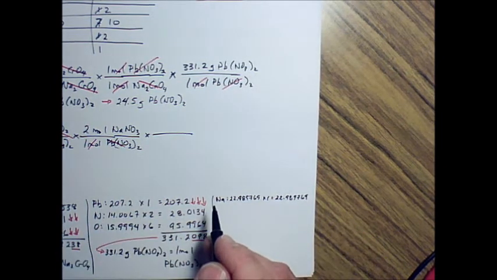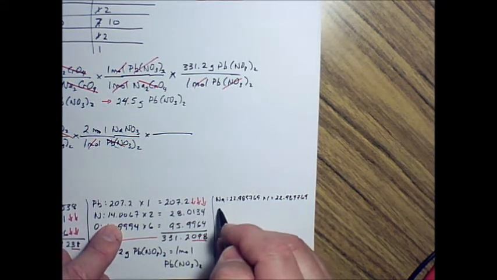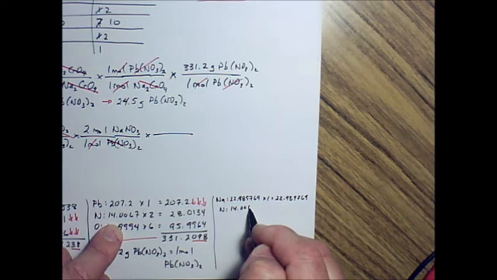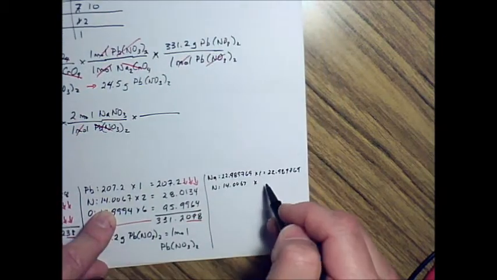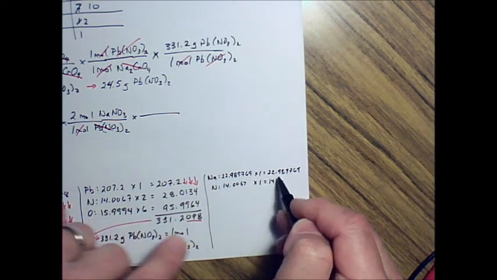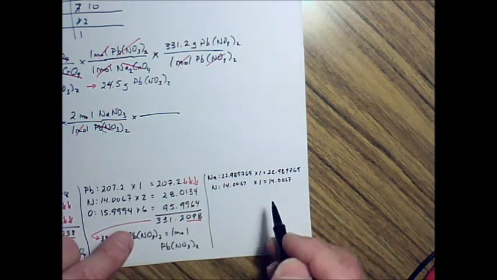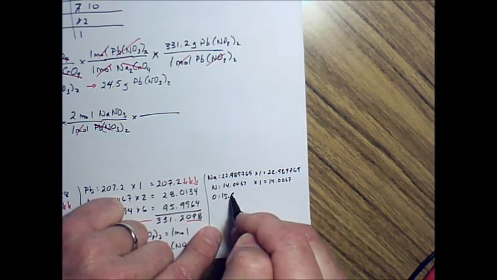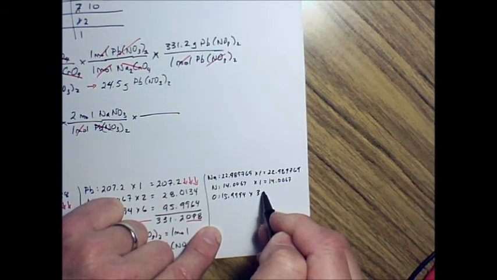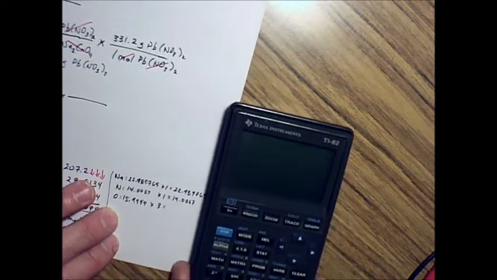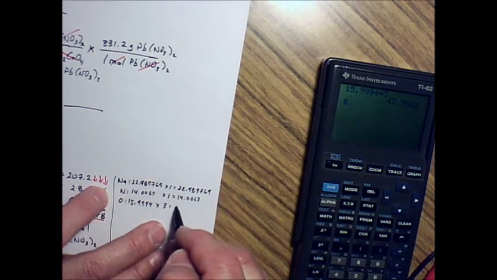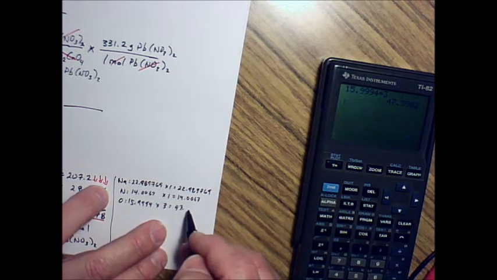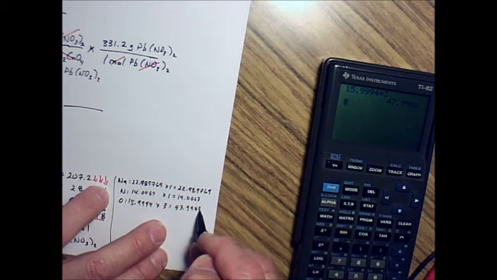Nitrogen 14.00, and there's one of those. And there are 3 oxygens, 47.9982.